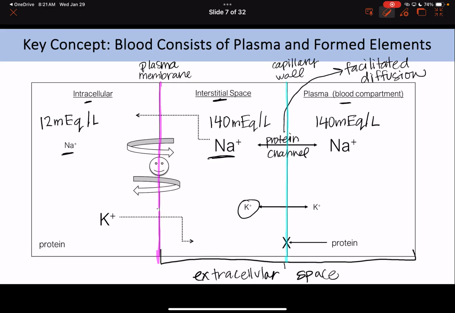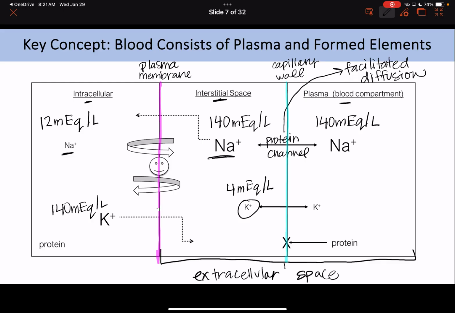So the exact concentrations are going to be 140 milliequivalents per liter on the inside of the cell. So lots on the inside, not so much on the outside, to allow for an efflux during action potentials. On the outside, it's actually only 4 milliequivalents per liter.